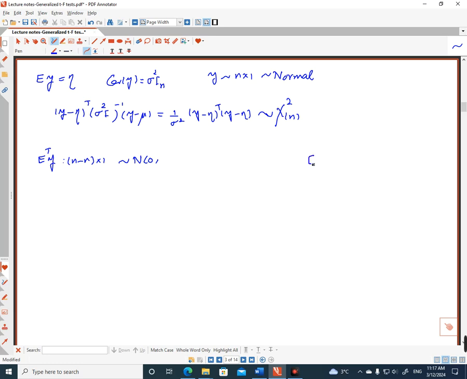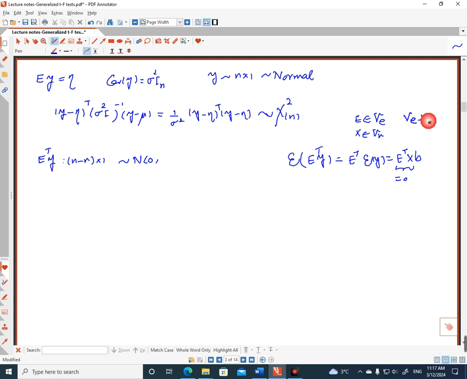Just to show, the expected value of E prime y is E prime times the expected value of y, then you have E prime X beta, and this is equal to 0. So the mean is equal to 0, as I said, since the columns of E are in V_E and those of X in V_R.